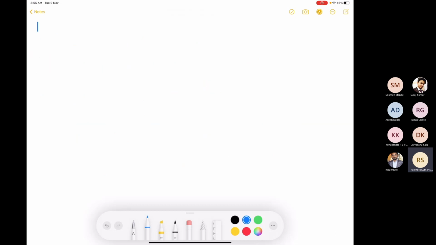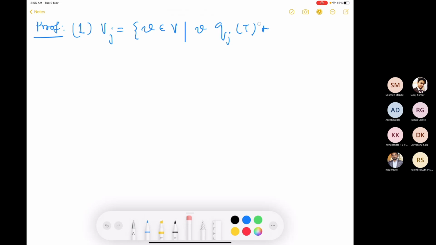Okay, so proof. Number one: recall what Vj is. Vj is all v in V such that v qj(T) power Lj is 0.